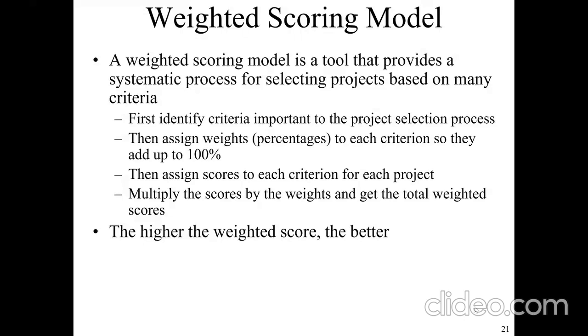Now, the first thing you need to do in the selection is to identify criteria that are important to the project selection. So in your marriage process, you want to have certain criteria for picking one of the girlfriends. You know your criteria. So maybe you might say weight. The weight of the lady is a criterion for you.